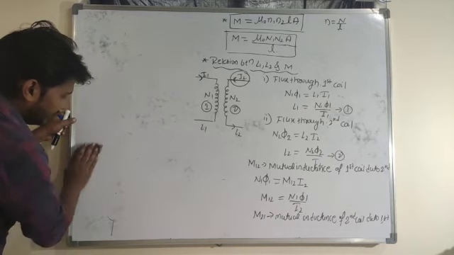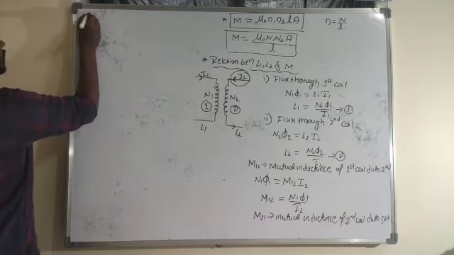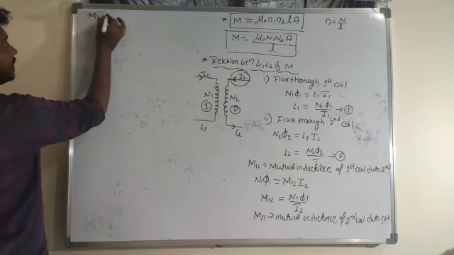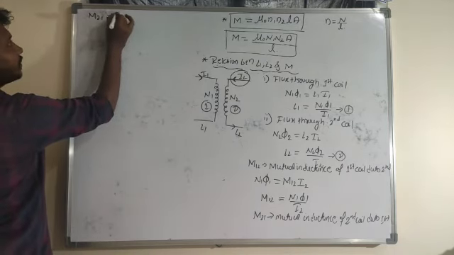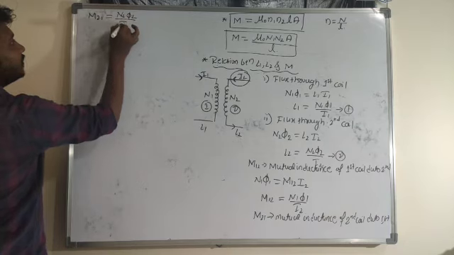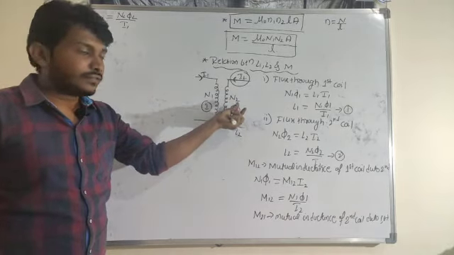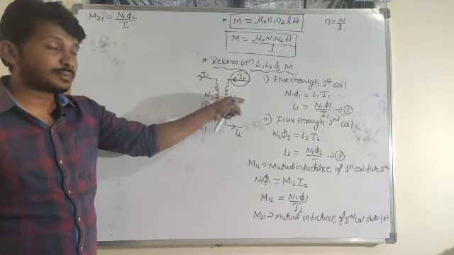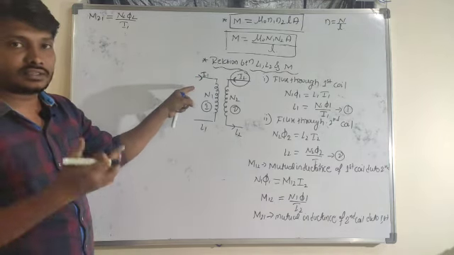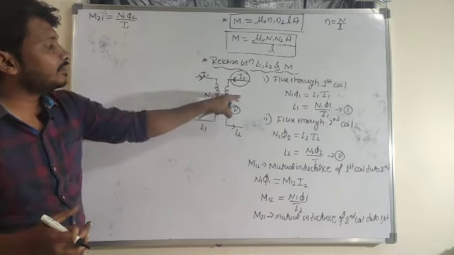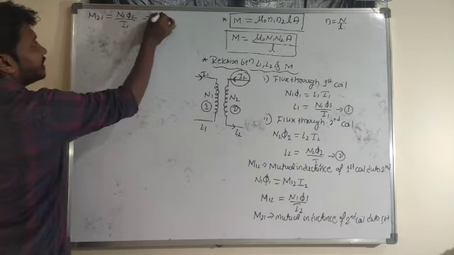So that equation I can rewrite as M of 2 to 1 is equal to N2 into phi 2 divided by I1 here. In the case of the second coil, you are getting changing flux, and this changing flux in the second coil is responsible for the current I1 in the first coil. So from the definition of mutual inductance, it is the phenomenon of production of EMF in one coil due to changing current in the other coil. Let me take this as equation 3.